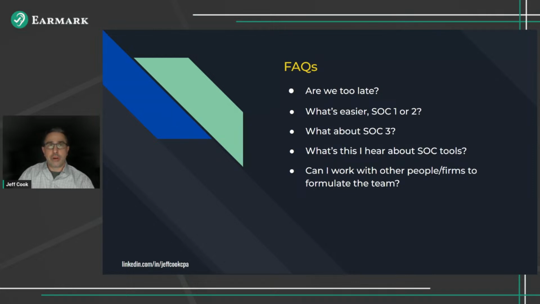What's easier, SOC 1 or 2? I hear that sometimes, and the typical IT answer is it depends. And that works here because SOC 1 can sometimes be much easier. Sometimes it can be much harder, right? If you have to do the financial processing of transactions, that can add complexity. But maybe that's easier because the SOC 2 is super complex, right?